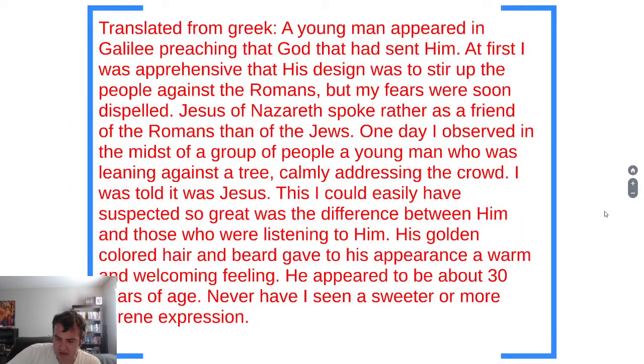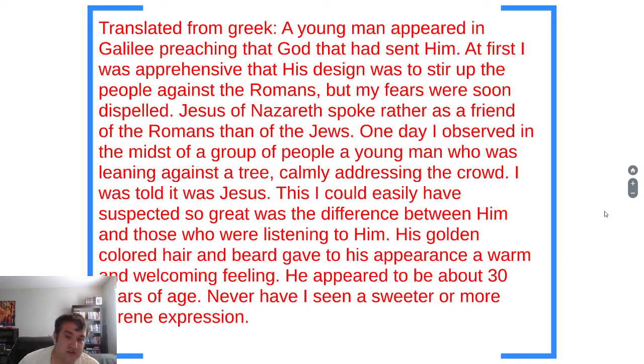Pontius Pilate's journal was in Greek, and this is what he wrote. "A young man appeared in Galilee, preaching that God had sent him. At first I was apprehensive that his designs were to stir up the people against the Romans, but my fears were soon dispelled. Jesus of Nazareth spoke rather as a friend of the Romans than of the Jews.